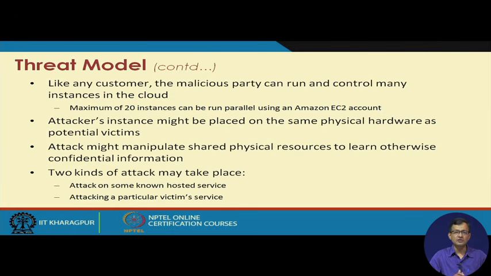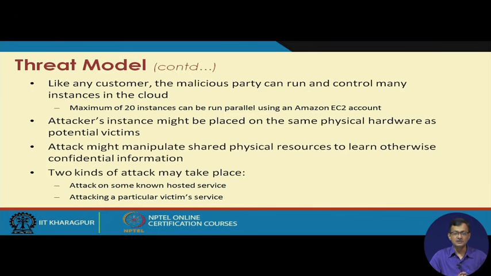There are other threat model considerations: any customer, the malicious party, can run and control many instances of the cloud, right. The attacker's instance might be placed on the same physical hardware as the potential victims. Attackers might manipulate the shared physical resource to learn otherwise confidential information.